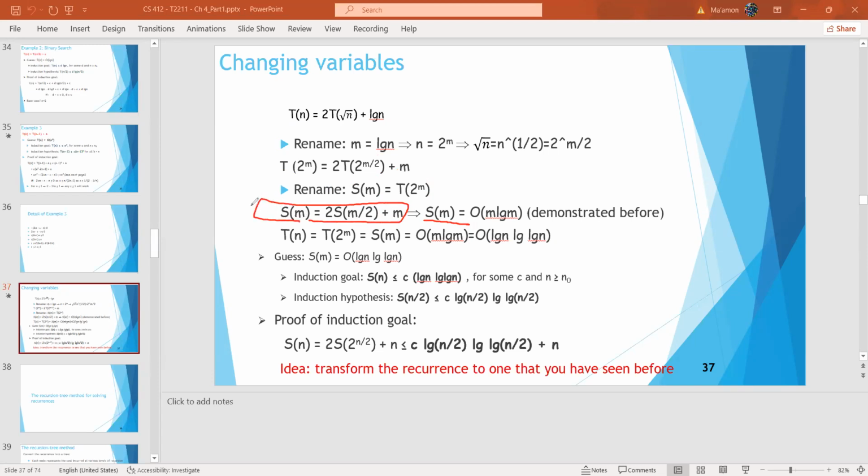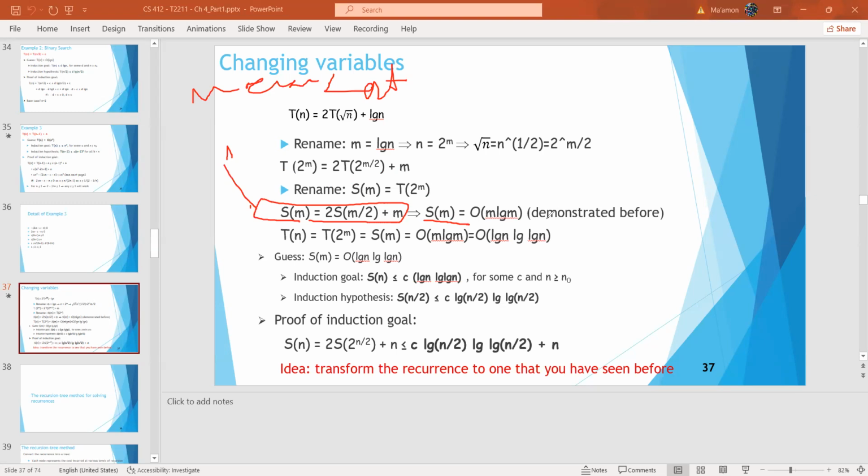If you remember, this one represents merge sort, right? Because we have 2 S of m over 2 plus m. This is the complexity of merge sort.